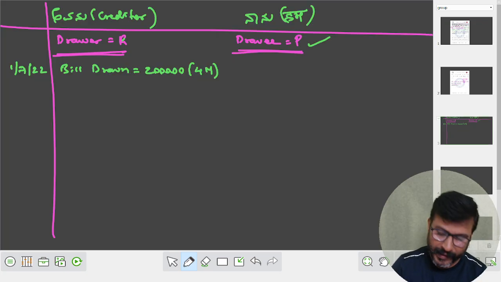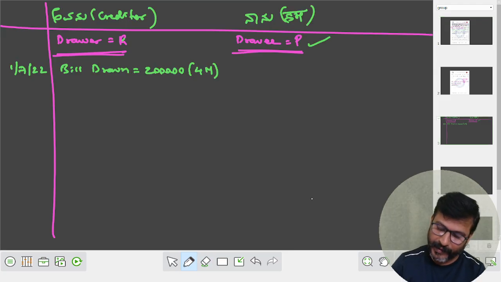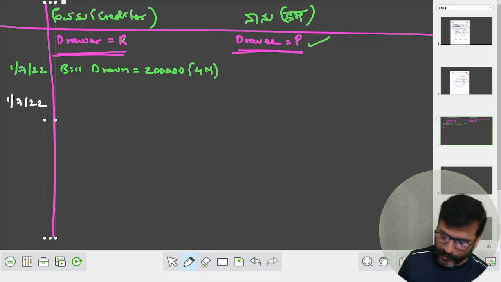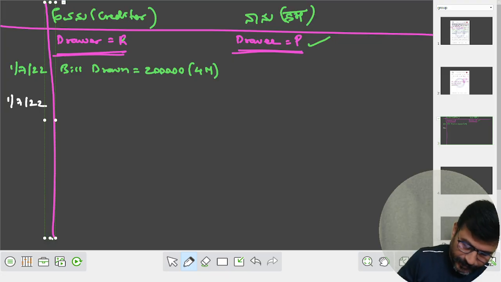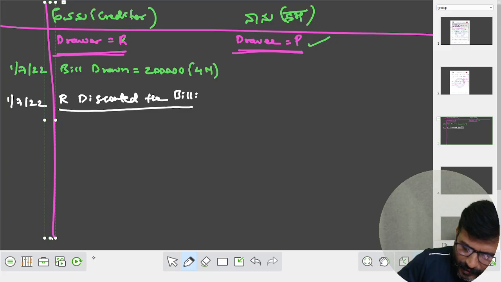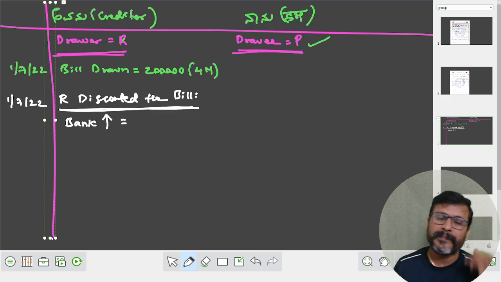R discounted a bill. When R discounted the bill, the date is not given, so we have to write the same date, that is 1st July 2022. For R, the bank increased.